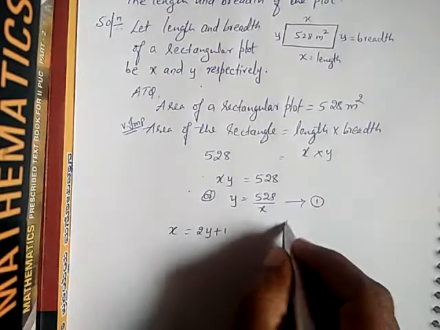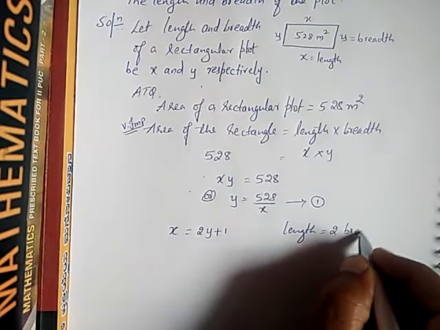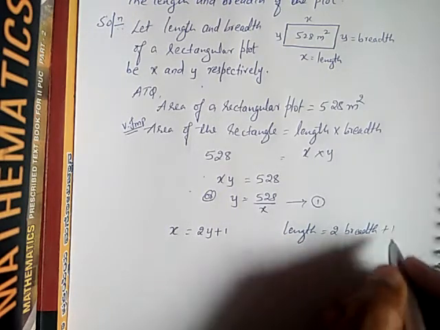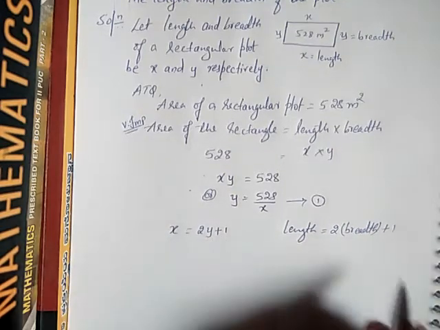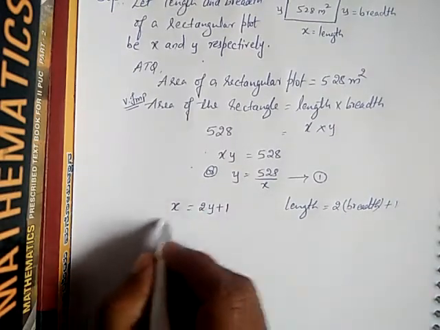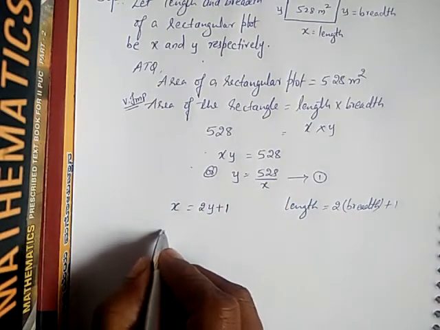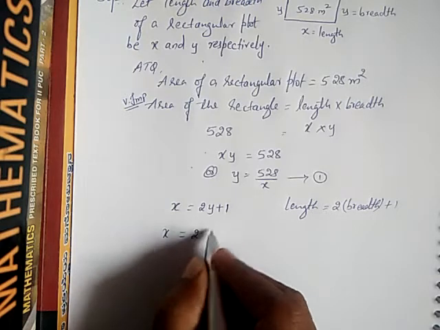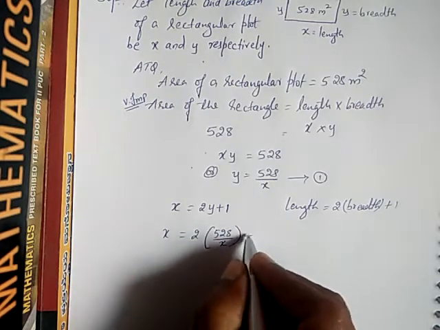Therefore I have written x is equal to 2y plus 1. Just substitute the y value here. So x is equal to 2 times y, which is 528 divided by x, plus 1.